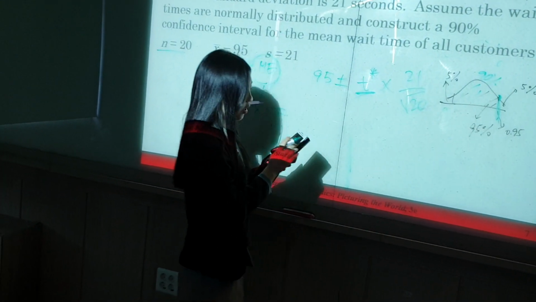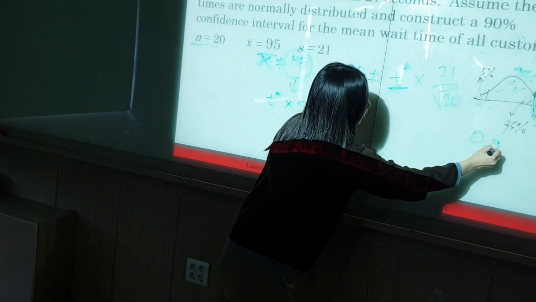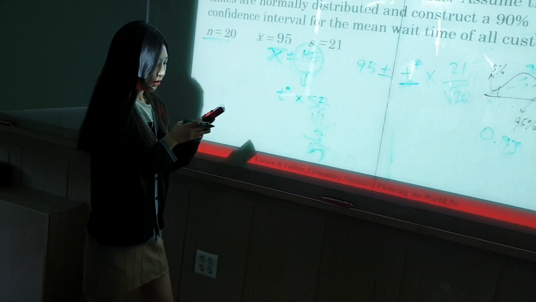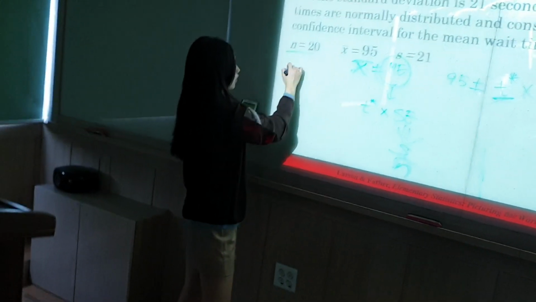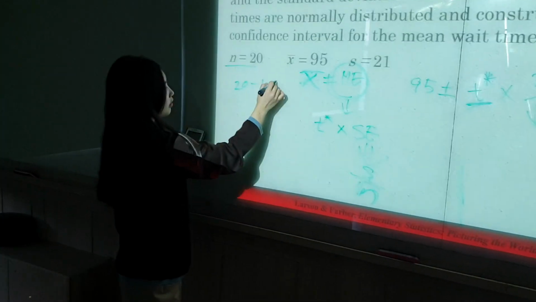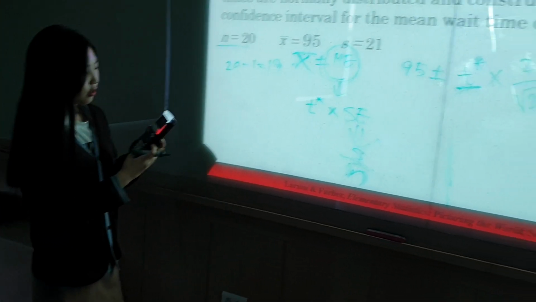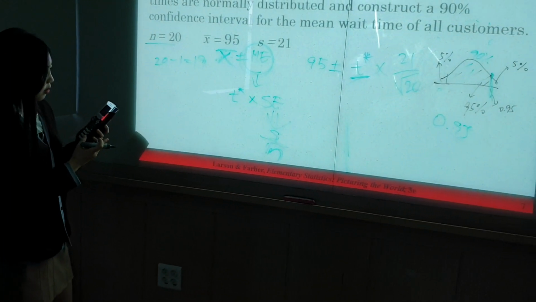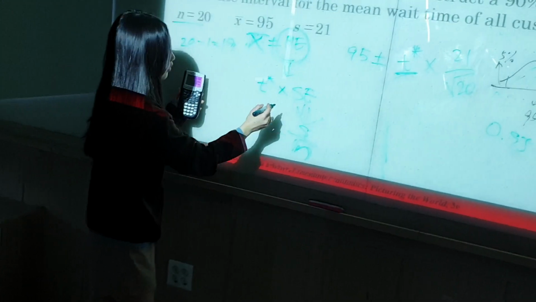So the area is 0.95, and the degrees of freedom is n minus 1, so 20 minus 1, 19. So degrees of freedom is 19, and then paste.